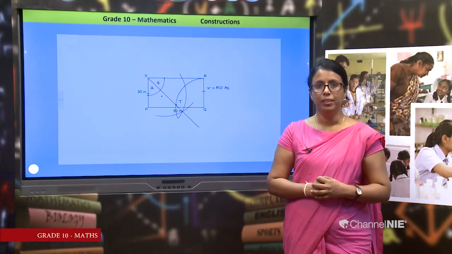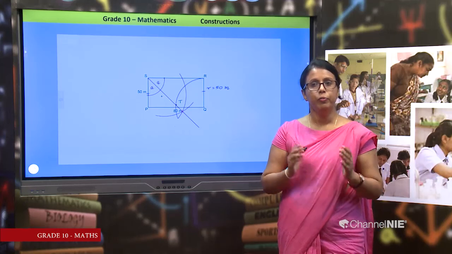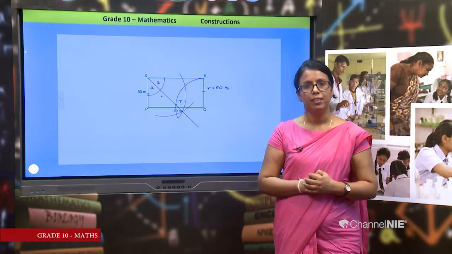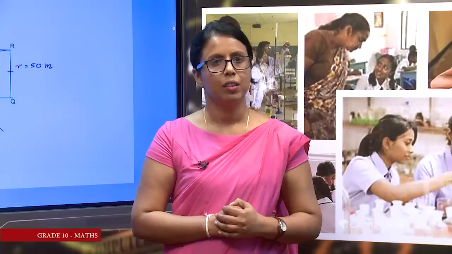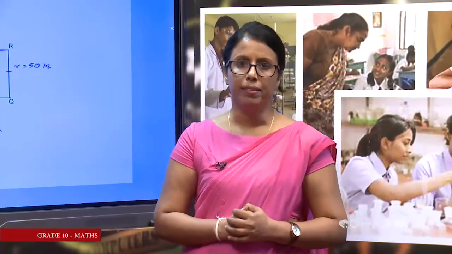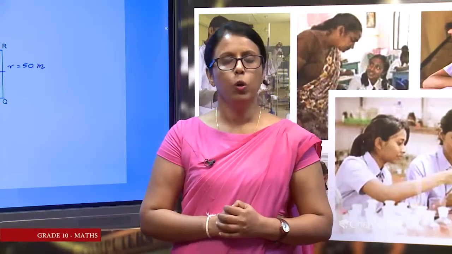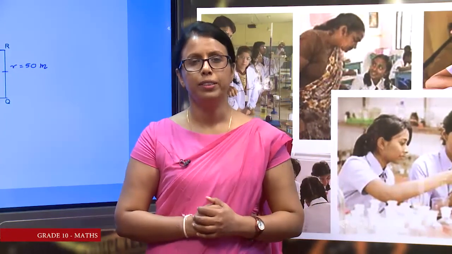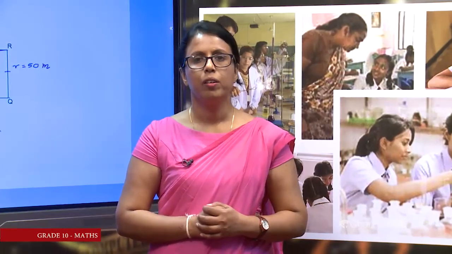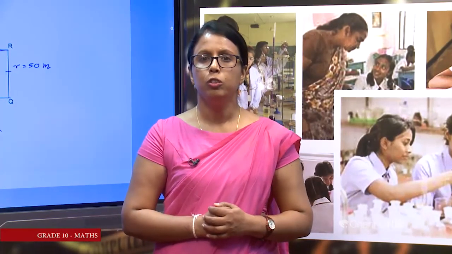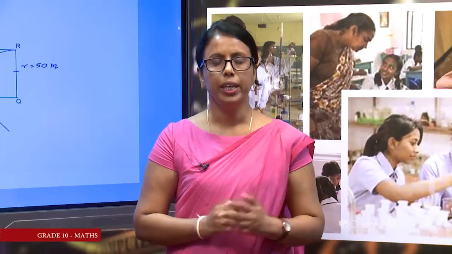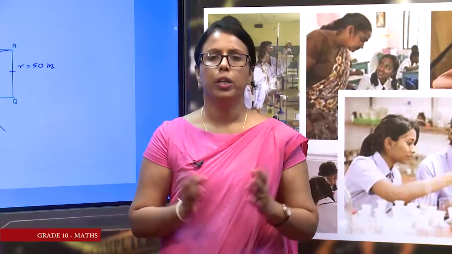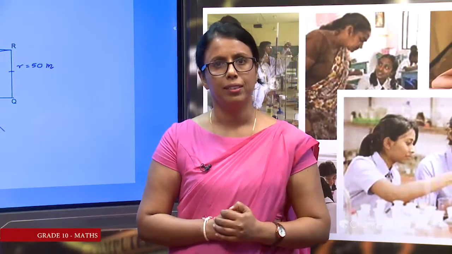Next we learned the fourth locus, that is the angle bisector. What is the angle bisector? The locus of a point moving equidistant to two given straight lines.